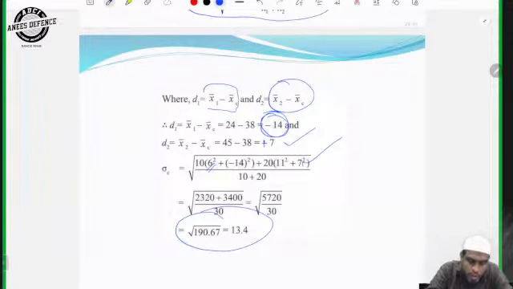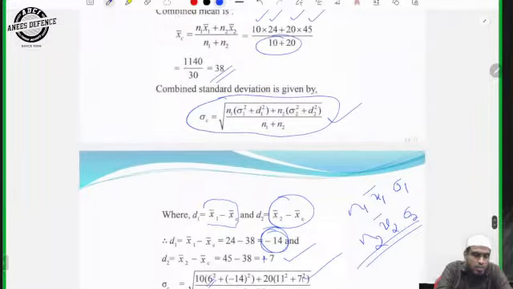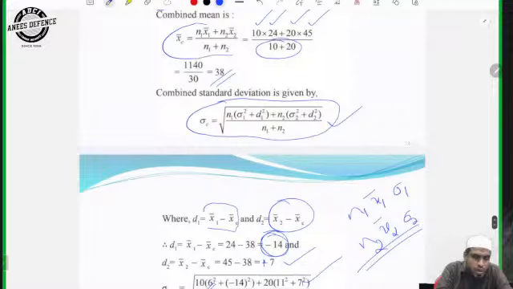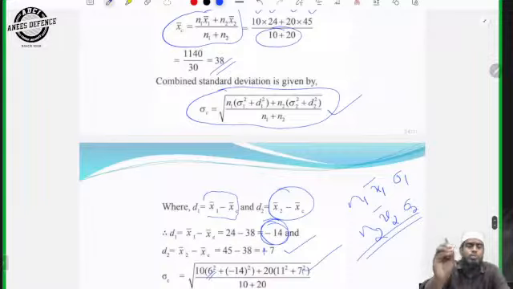So n1 data with x1 mean and sigma 1 standard deviation, n2 data with x2 mean and sigma 2 standard deviation. The combined mean is xc equals n1 x1 bar plus n2 x2 bar divided by n1 plus n2, and the combined standard deviation formula is this one. Just substitute the formula and you will get the answer. Only calculation is there.